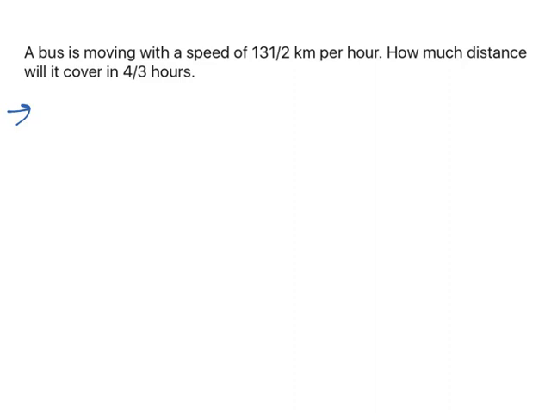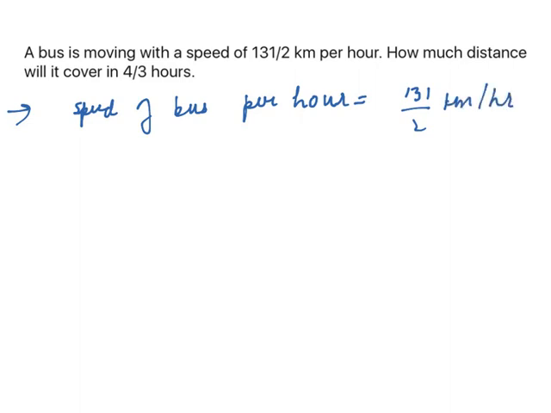So let's see first of all what is given in the question. It is given the speed of the bus per hour as 131 by 2 kilometer per hour, and the time taken they have given is 4 by 3 hours, means we have to find out how much distance it will cover in 4 by 3 hours.